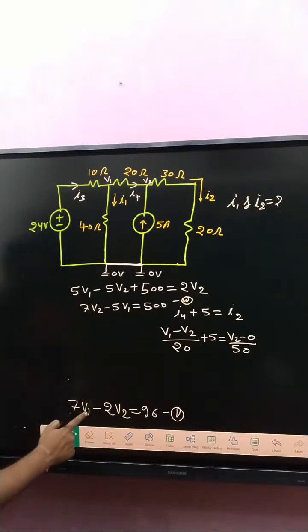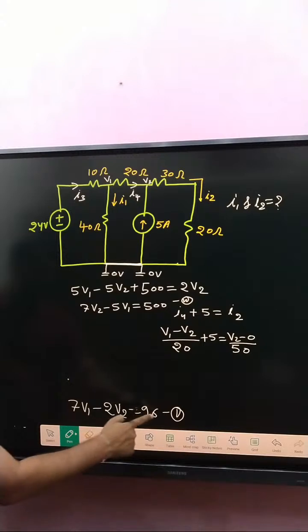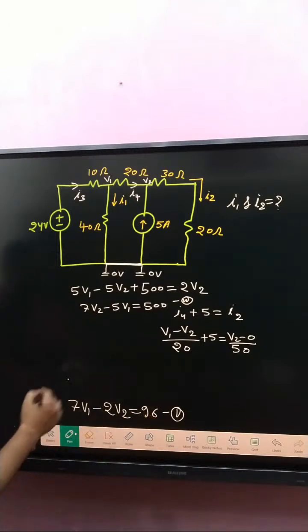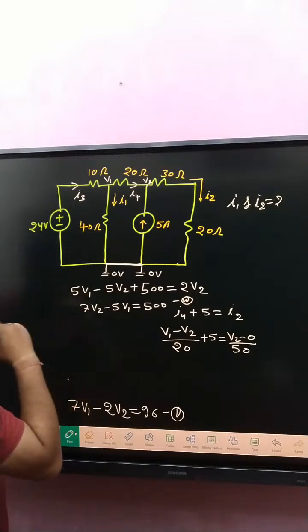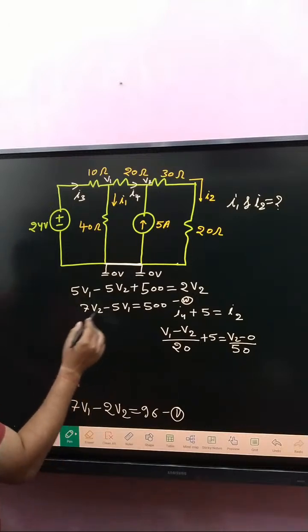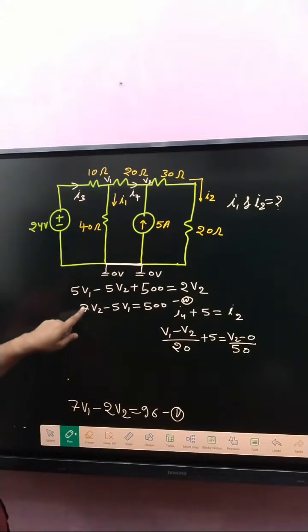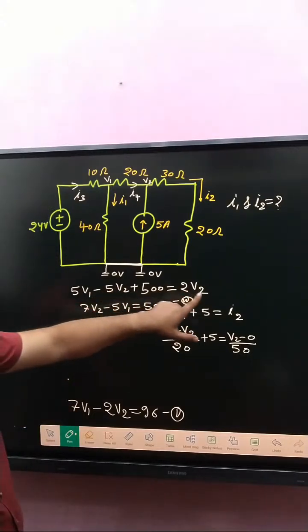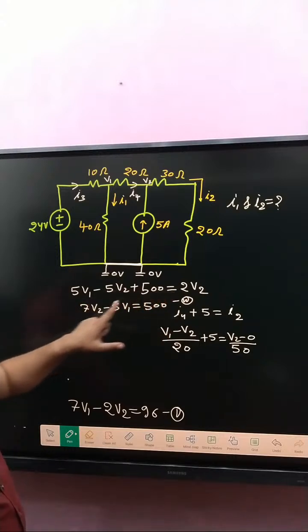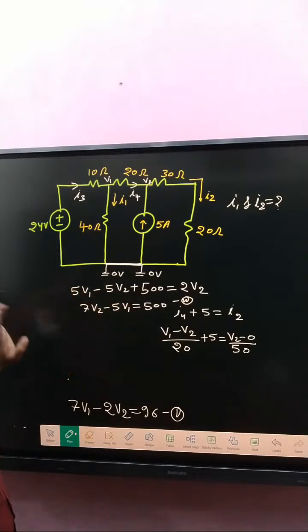Now 7V1 minus 2V2, this will equal 96. So first of all, recheck again. This one is going on here. So 5 plus 2, that is 7V2, minus 5V1, this will equal 500.